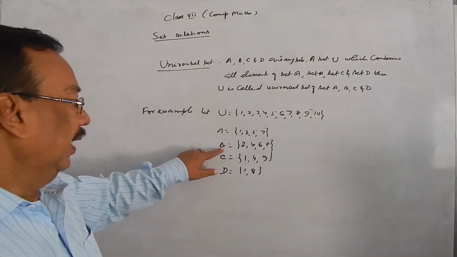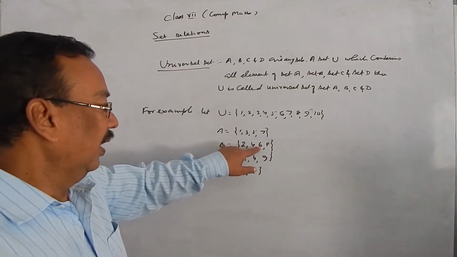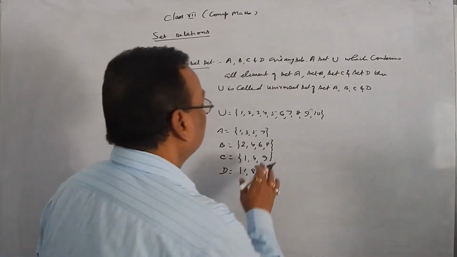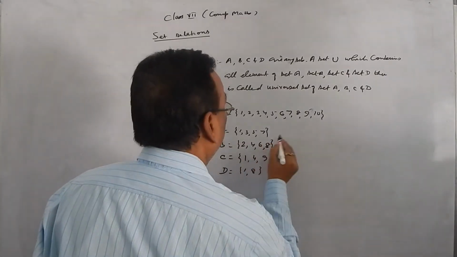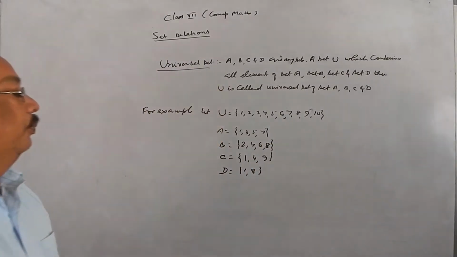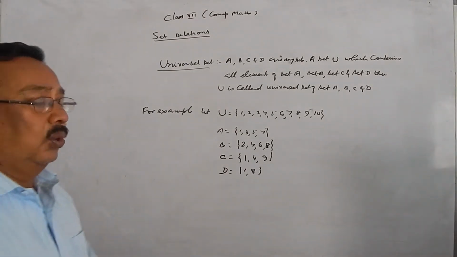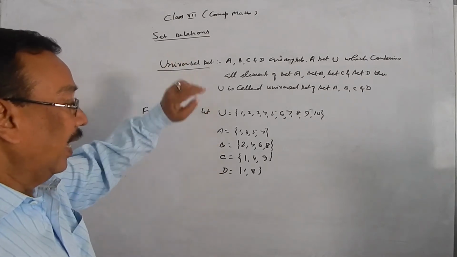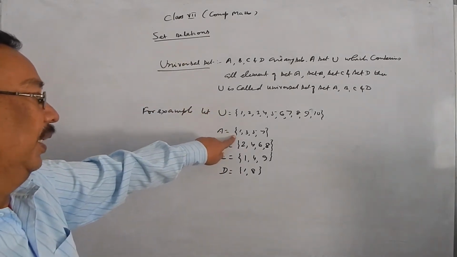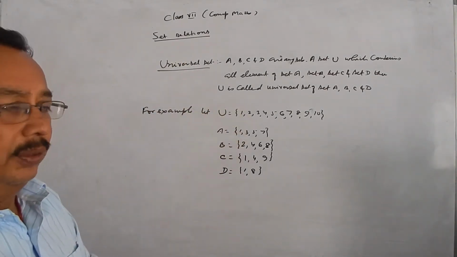B is 2, 4, 6, 8. C is 1, 4, 9. D is 1 and 8. So we check whether all elements of A lie in U or not.